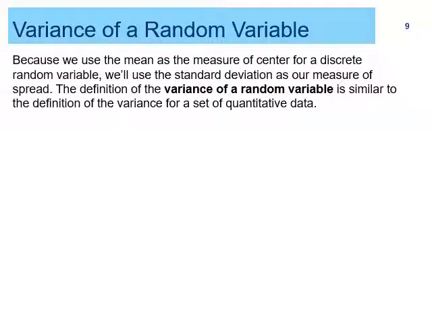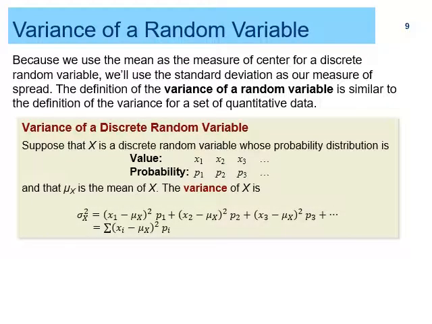Now the variance of a random variable. Because we use the mean as a measure of center for a discrete random variable, we will use the standard deviation as our measure of spread. The definition of the variance of a random variable is similar to the variance of a set of quantitative data. Here we can see values and probabilities, and mu x is the mean of x, and the variance of x is (x1 minus mu x) whole squared times p1 plus (x2 minus mu x) whole squared times p2.